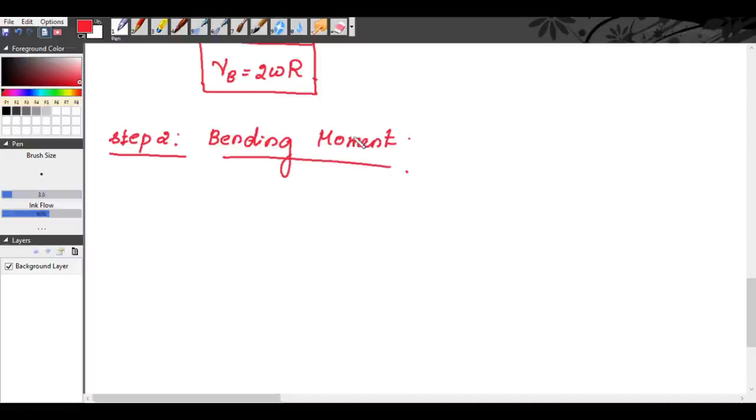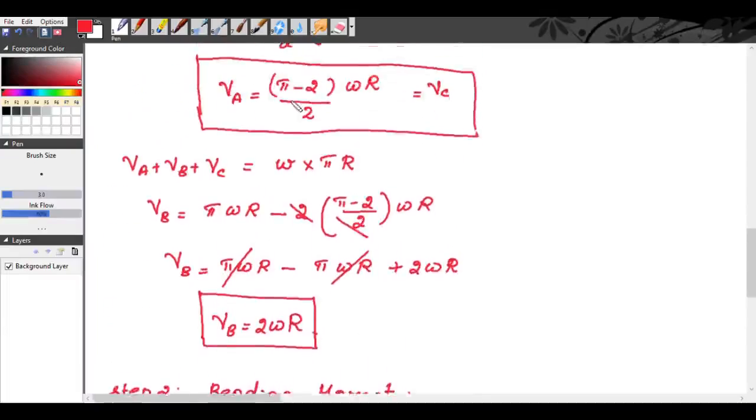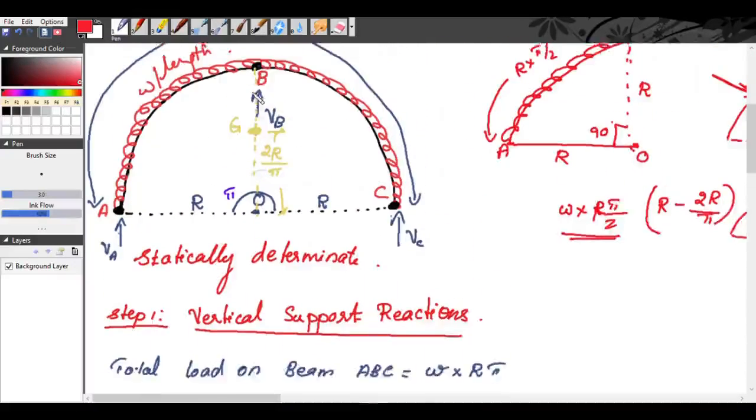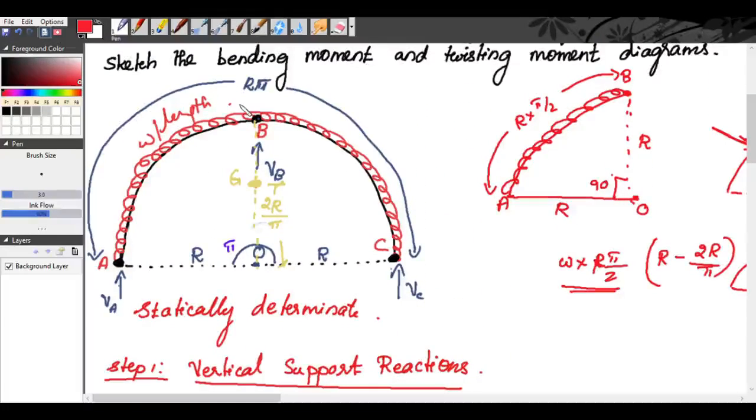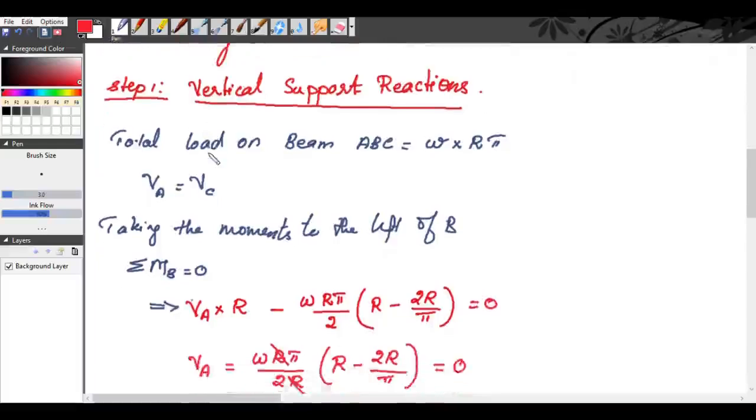For finding the bending moment, we will consider a section X at an angle theta from OA. So we will consider some section X at this point.